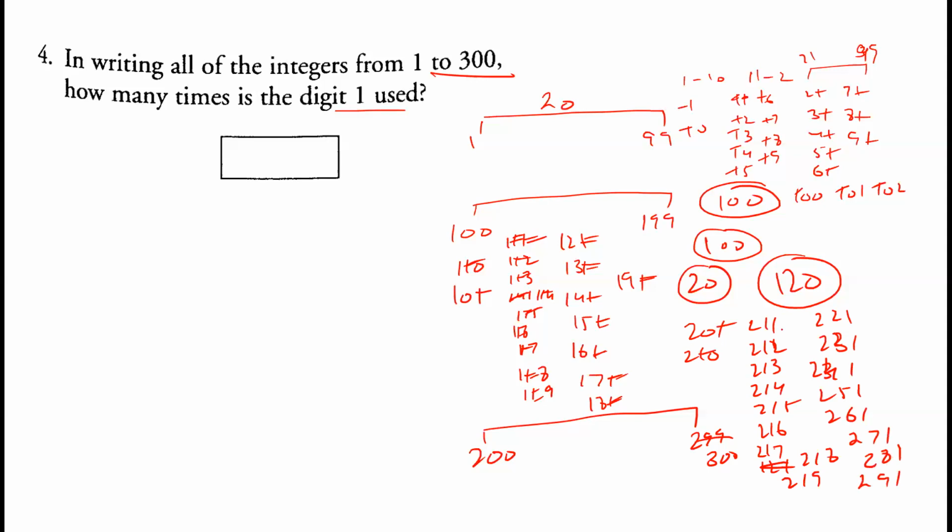So 1, 2, 3, 4, 5, 6, 7, 8, 9, 10, 11, 12, 13, 14, 15, 16, 17, 18, 19, 20. So from 1 to 99, we have 20. From 100 to 199, we have 120. And from 200 to 300, we again have 20. So the total number of ones we'll be having would be 160.